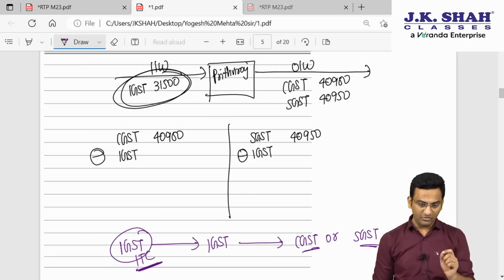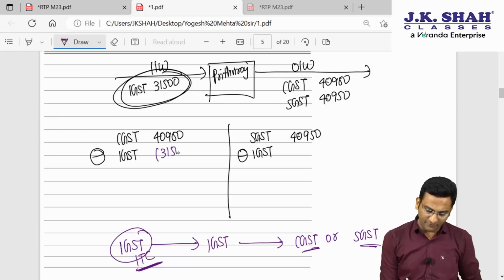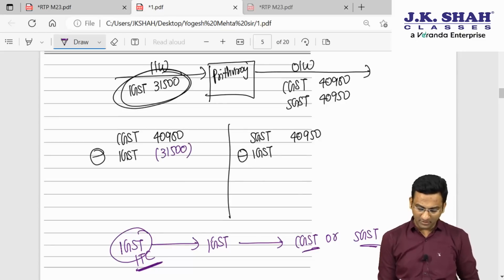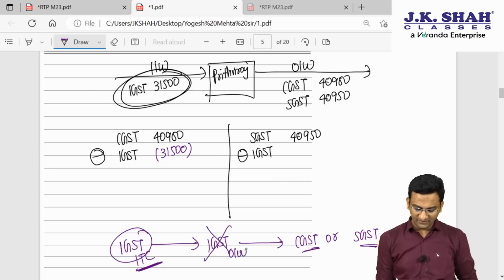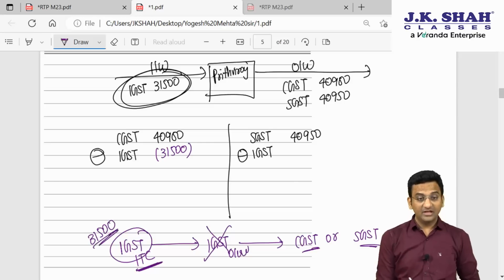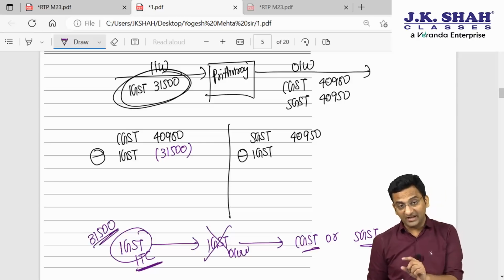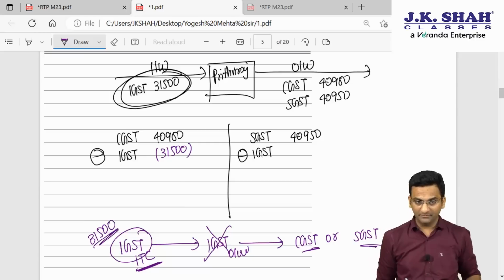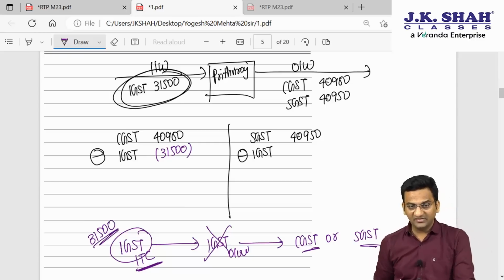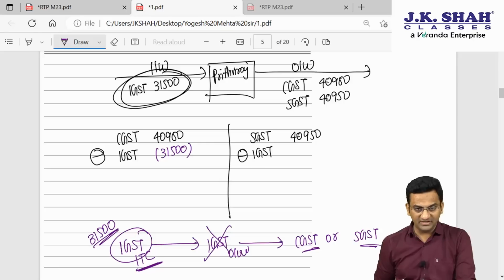What you can do, you deduct 31500 from here, because there is no IGST on outward. Correct, friends, you have an IGST ITC of rupees 31500. It will be first adjusted against outward supply, IGST outward, but there is no IGST outward, then it will be adjusted against the CGST or SGST in any proportion.